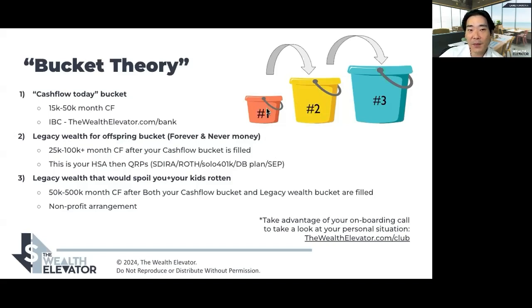You'll have to have a day job or a source of ordinary income. But a lot of you guys can get to a point, and yeah, it's going to take a while, right? This is not a get rich quick scheme, but if you can fill this up and concentrate on this, at some point you're going to hit a threshold, normally around $4 to $5 million net worth. Then you can start to fill up the yellow bucket.